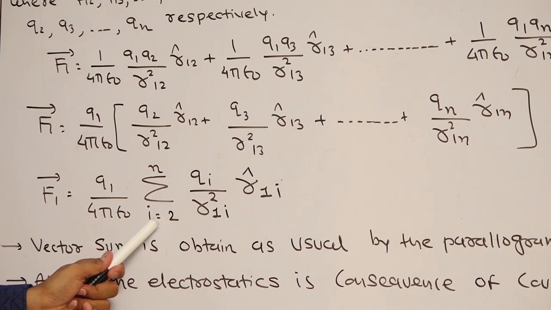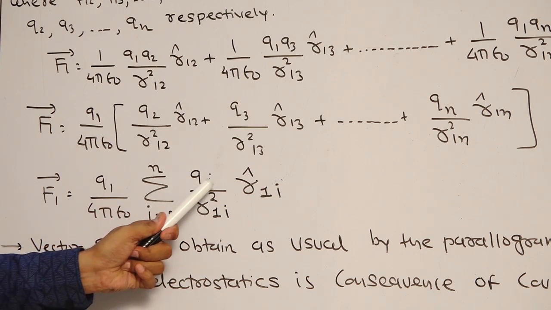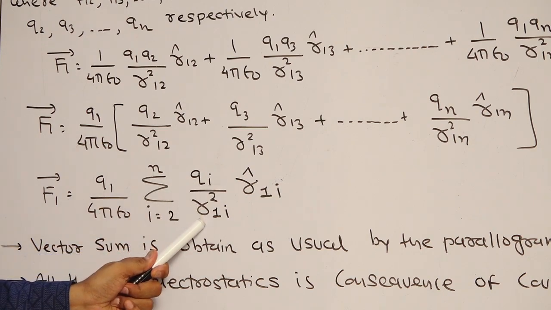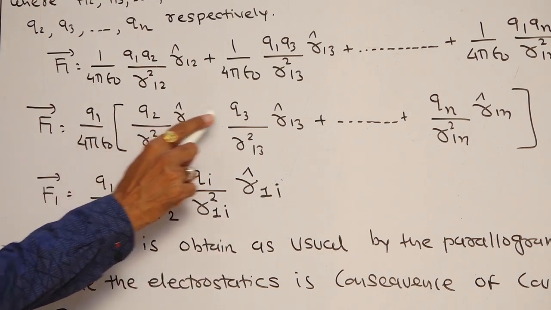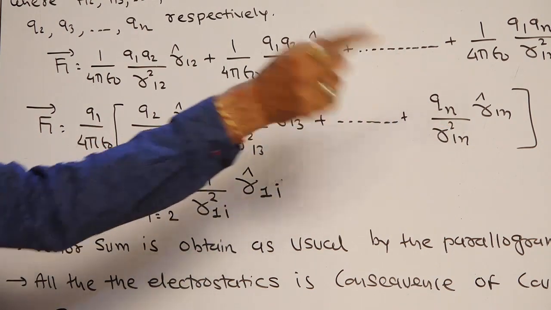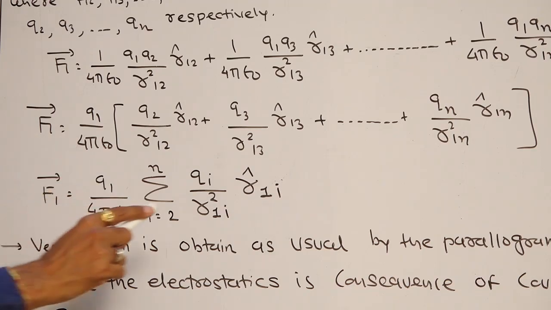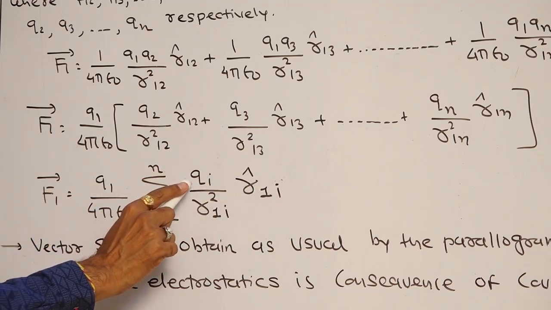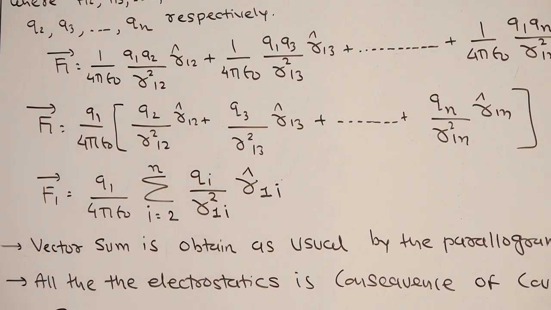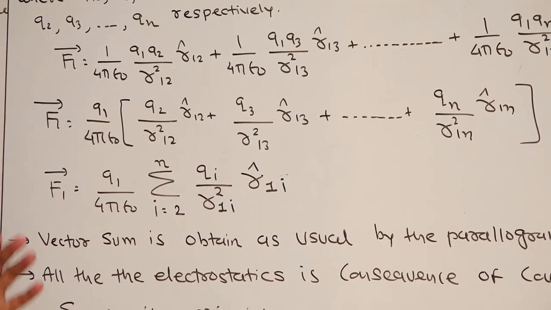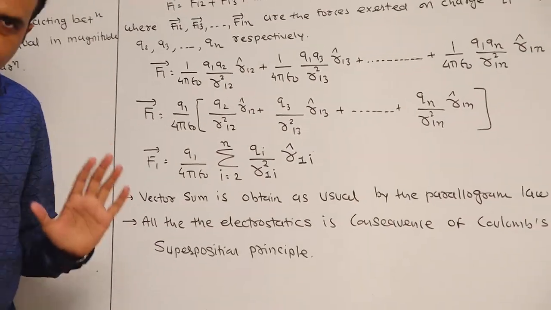Therefore we write i equal to 2 to n, of Qi upon r square 1i, r cap 1i. Because these 2, 3 and so on are the variables, and these variables are denoted by i, so we write Qi upon r square 1i, r cap 1i. Okay, now this is our general form of the superposition principle.